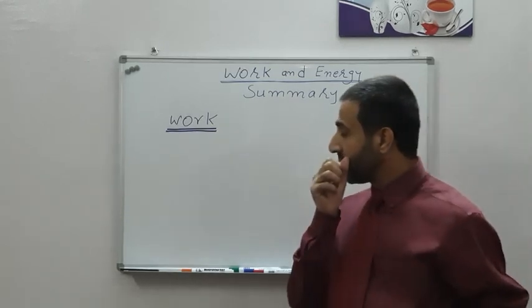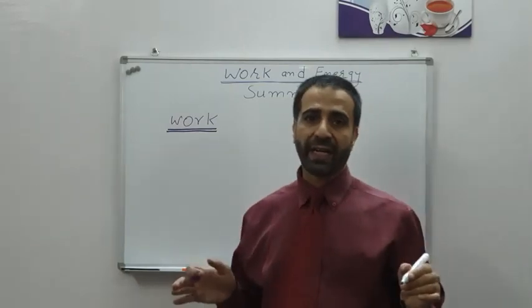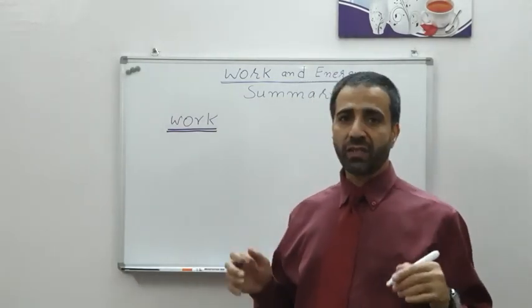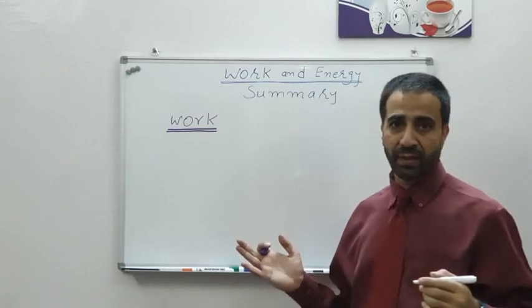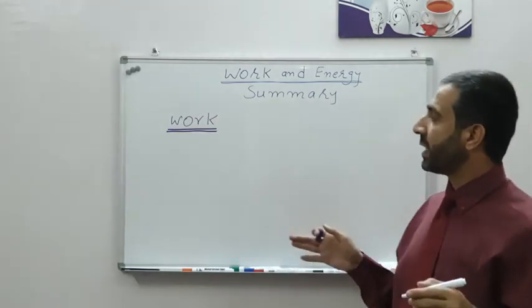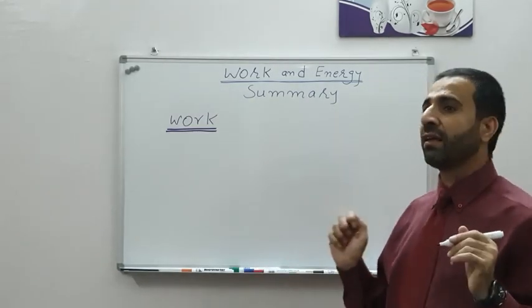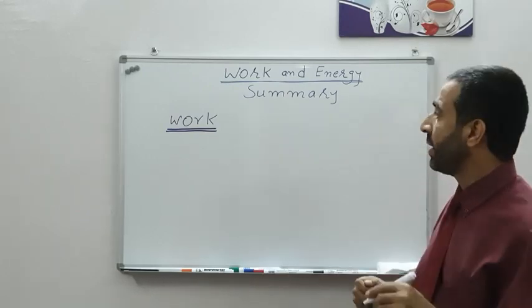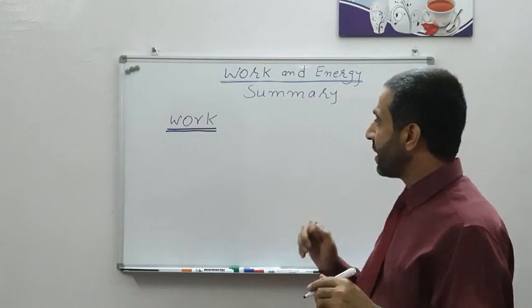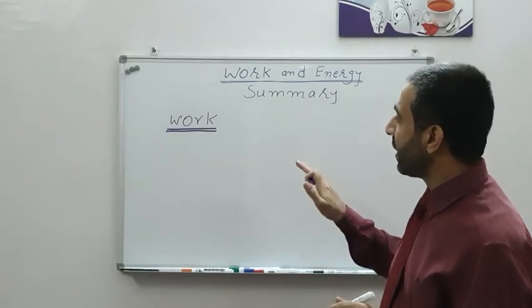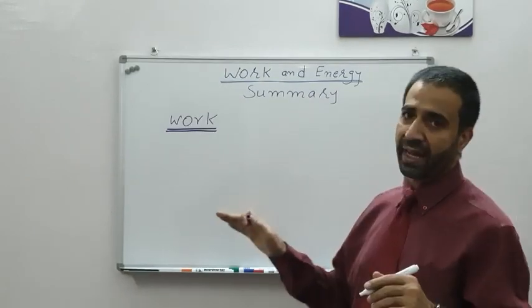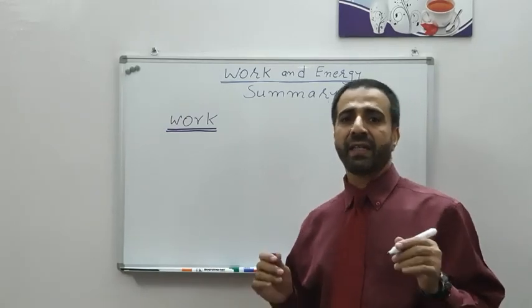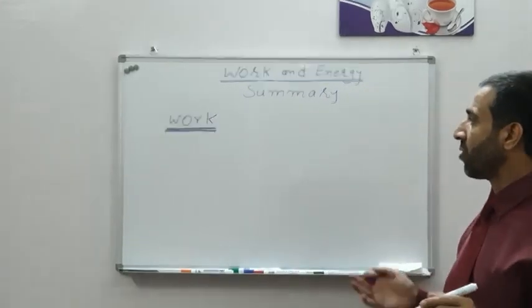I told you that work is in fact the method of transfer of energy. Work tells us how energy is transferred from one place to another. Rather, we can say that work is done when a force acts on a body and displaces it in the direction of the force.